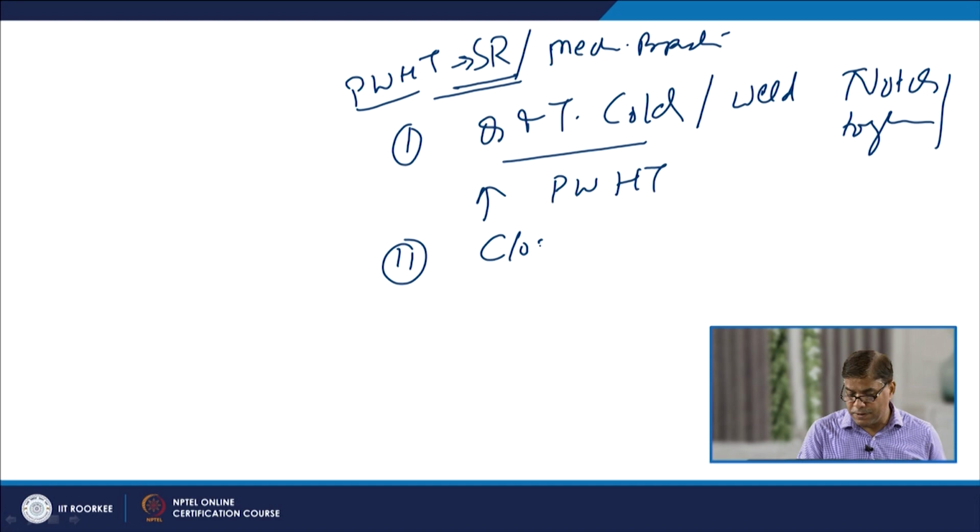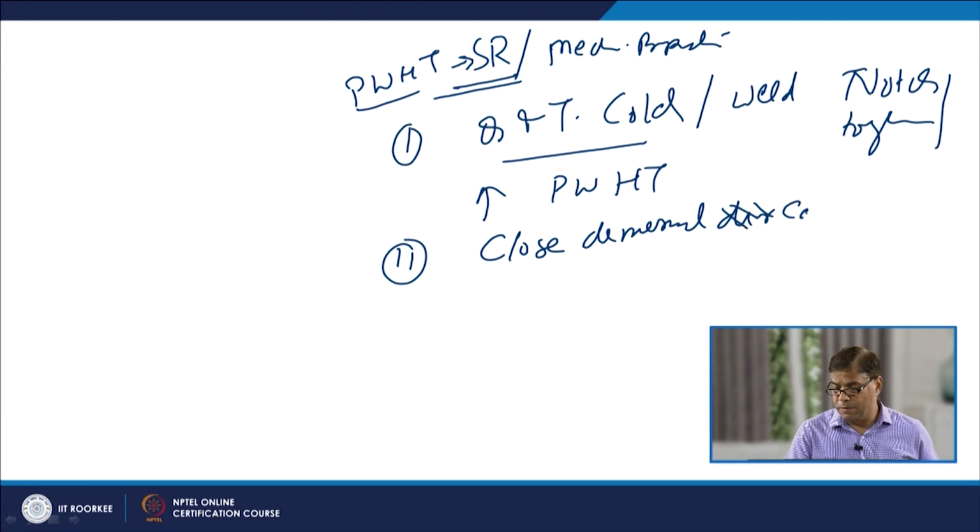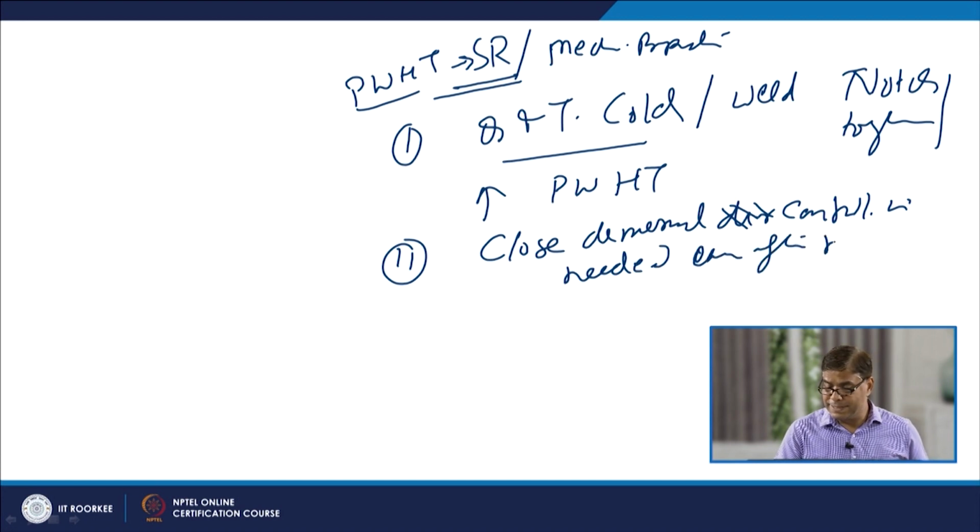The second situation where post weld heat treatment may be required is where very close dimensional control is needed even after machining, because weld joints when subjected to machining, removal of the material relieves some of the stresses, and that leads to dimensional variation and sometimes shape variation.